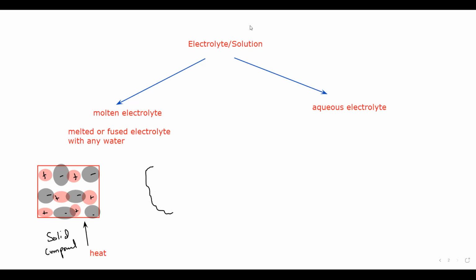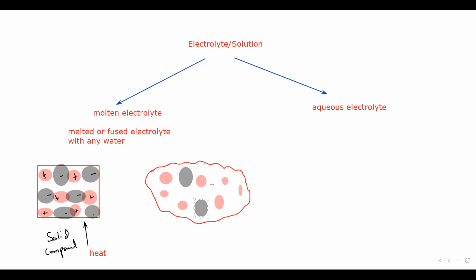As these ions move slightly away from each other, the substance will be melted, or it will be a fused one, which no longer has a regular arrangement, and the ions have space to move around each other.